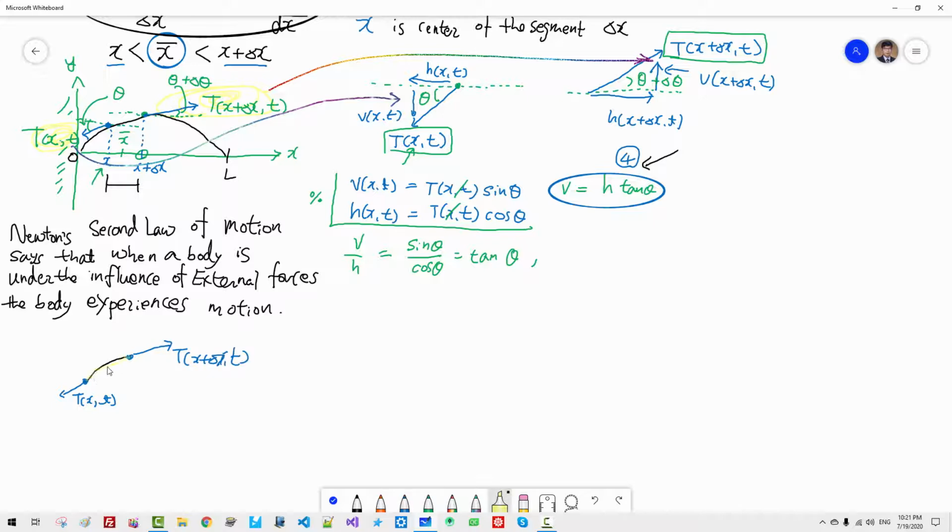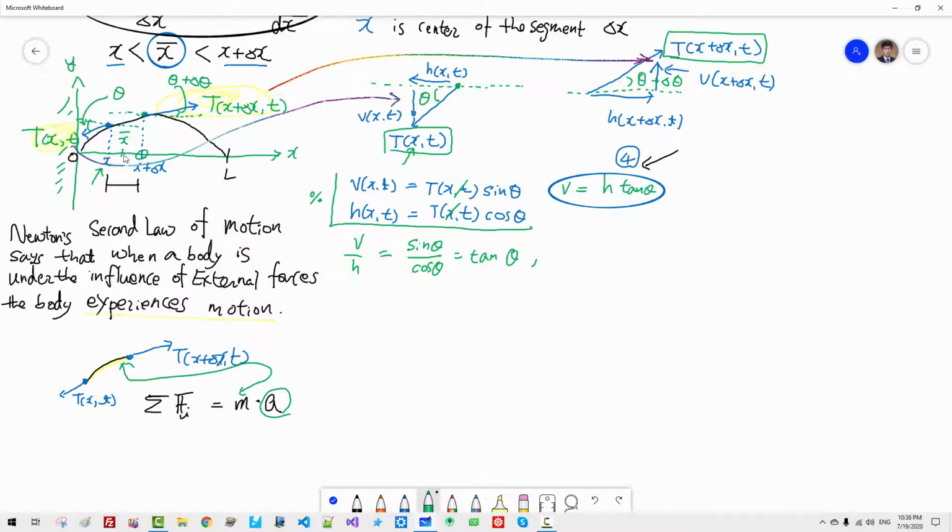This segment of our string experiences motion. Sigma F_i equals ma, with acceleration a, where m is the mass of this segment.